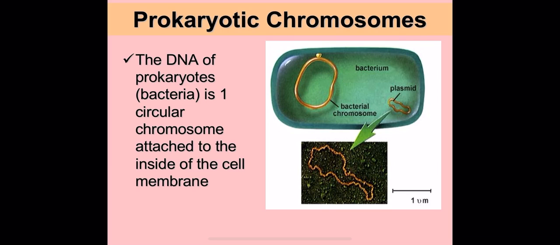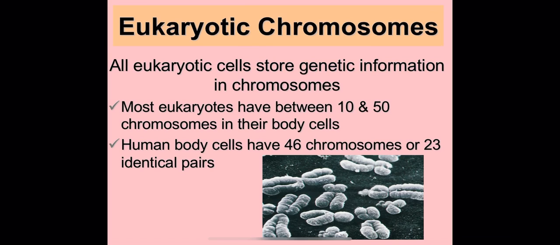Okay? So that circular chromosome that's attached to the inside cell membrane, that's where your DNA exists within your prokaryotic cell. We call it a plasmid. Okay? There is no nucleus to contain this stuff. Versus your eukaryotic chromosomes, obviously, when the cell is non-dividing, they do exist within that nucleus.